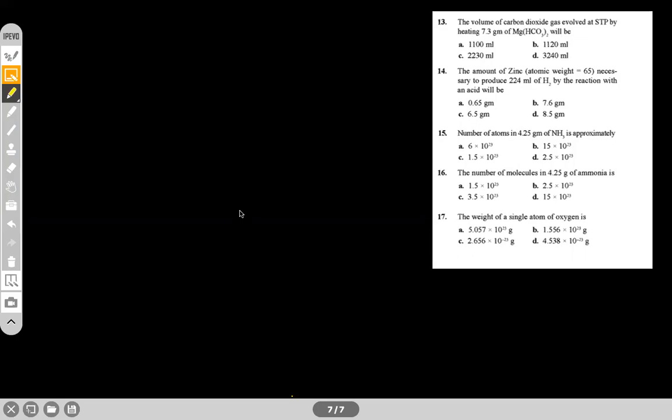Yes, correct, Arnav. Magnesium bicarbonate converts into carbonate, water, and CO2. Now you try. Arnav, you solve all and then you can post your answer.